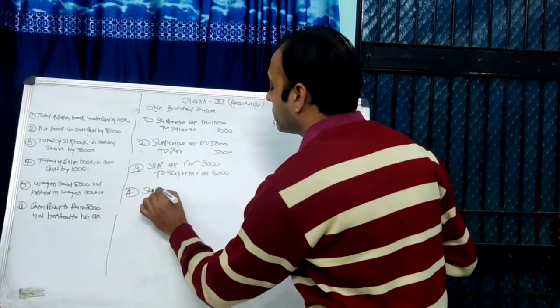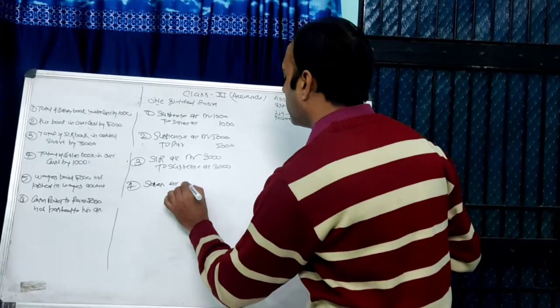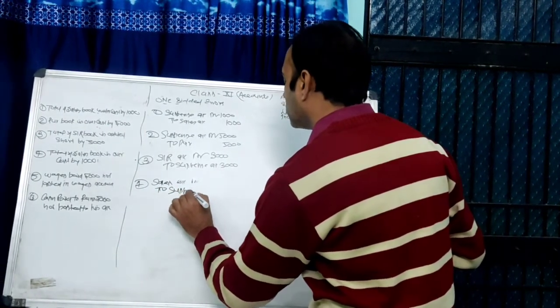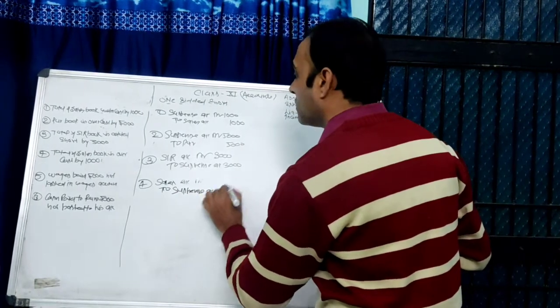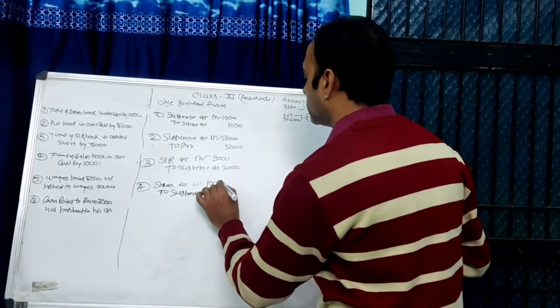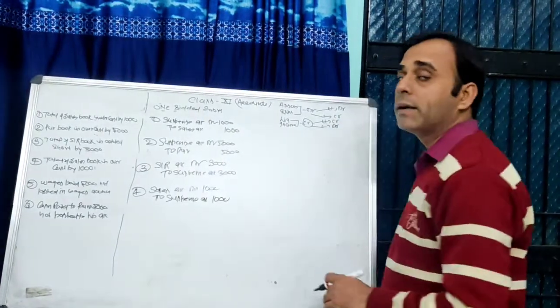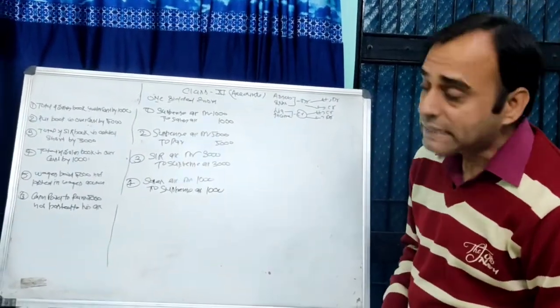The entry stands for sales account debit to suspense account, 1,000 rupees. You know the sales account always has a credit balance. If you make it debit, then the balance of the sales account will decrease.